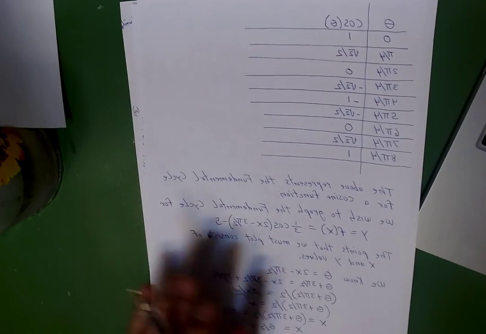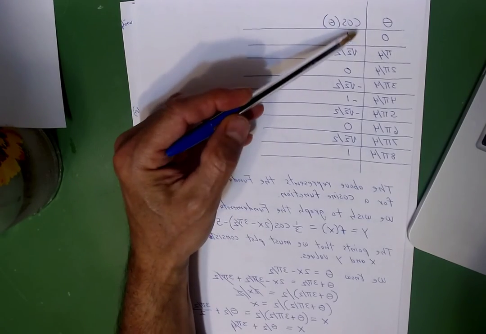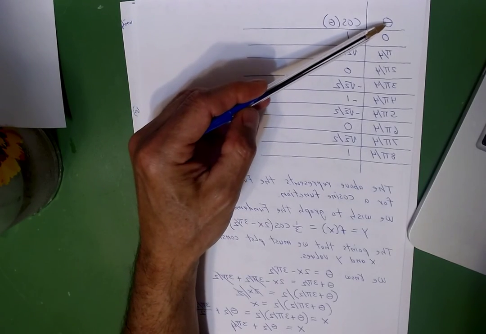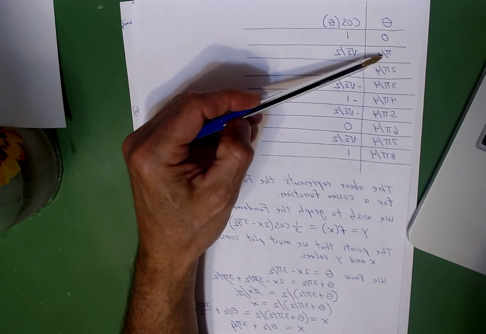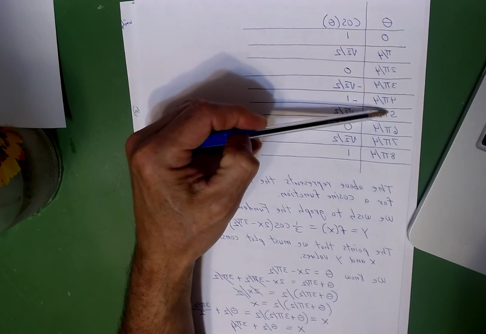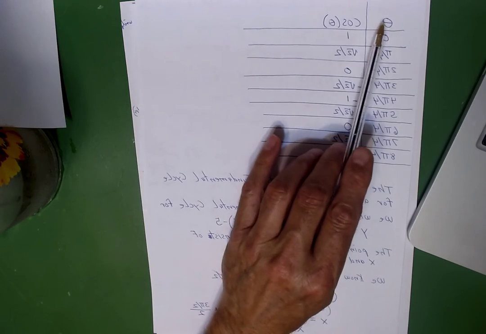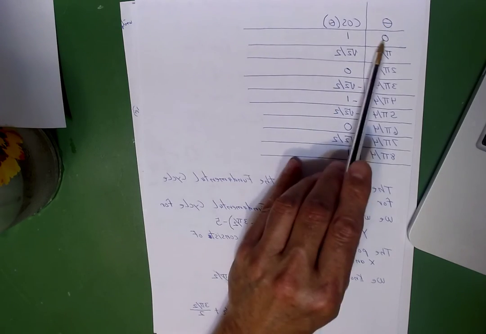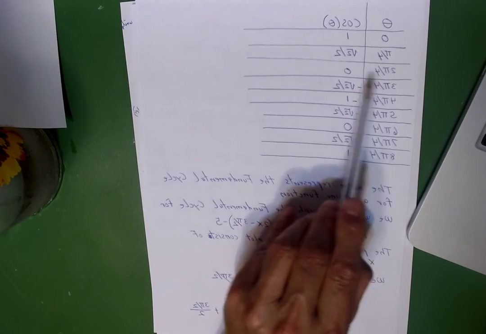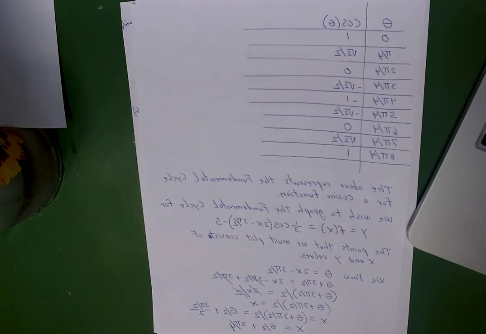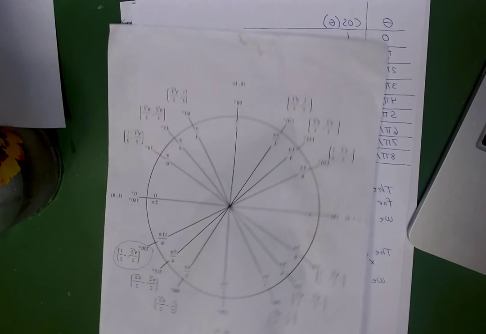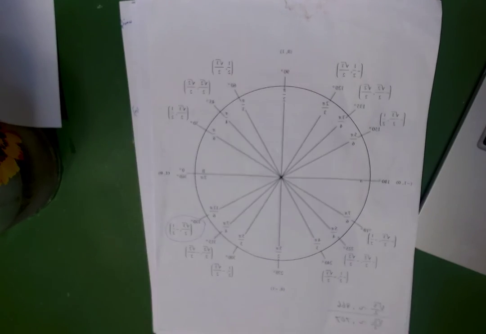Let's just make a brief table here, and we'll take theta over those pi over 4 increments until we get to 2 pi, right? And we just want to know, well, what is the cosine of theta at those values, okay? And you can get that from our wheel that we've had before, right?